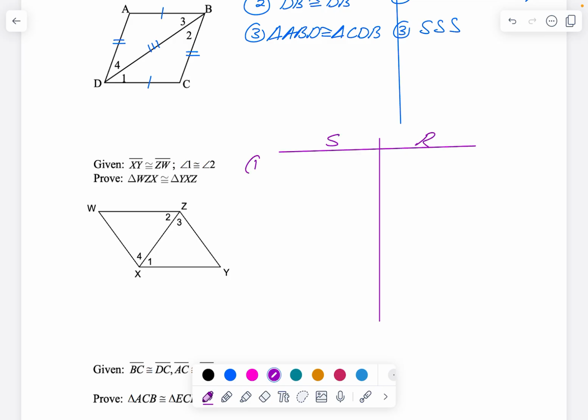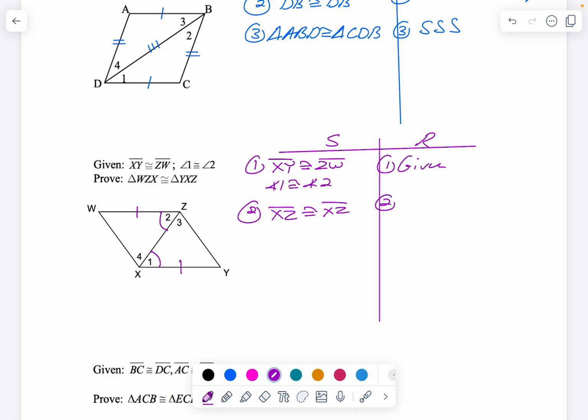Statements, reasons. So we have XY congruent to ZW, and we have angle 1 congruent to angle 2. Now, we can see we have that common side again, so we can say XZ congruent to XZ, and that is reflexive.